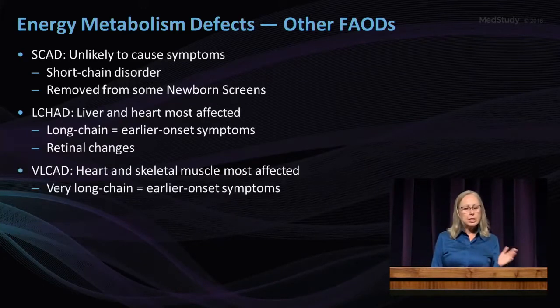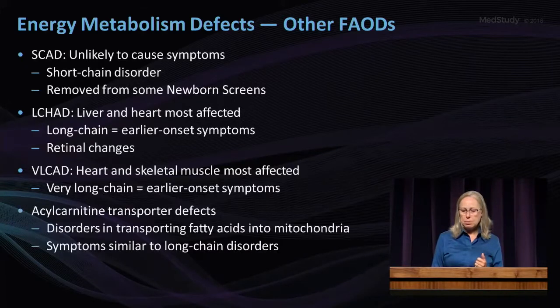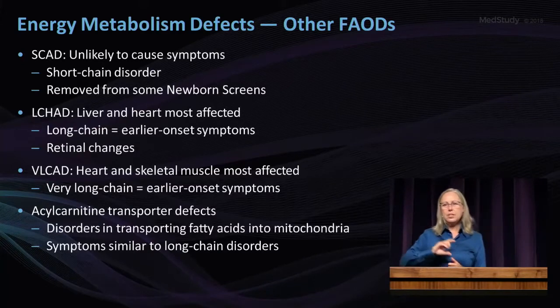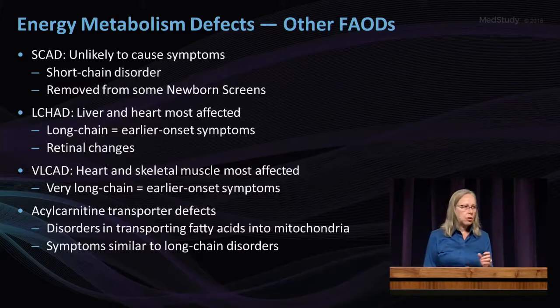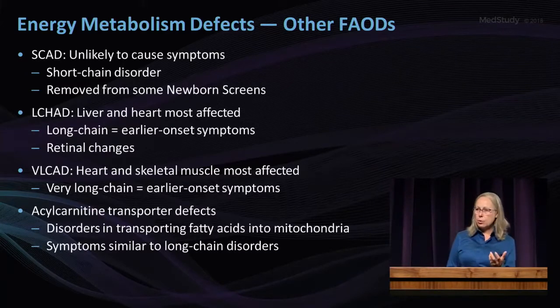And VLCAD, very long chain, heart and skeletal muscle are also affected, and again, earlier onset symptoms. If you can't make it very far into the system to extract energy from it, you're going to get earlier onset of symptoms. You can also have acylcarnitine transporter defects, so you can't get the fatty acids into the mitochondria to burn them for energy. And so these look like the long chain disorders because you can't burn the energy you have.